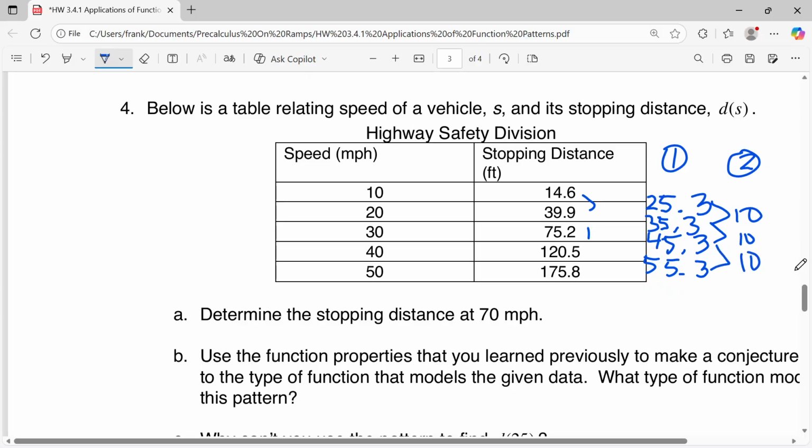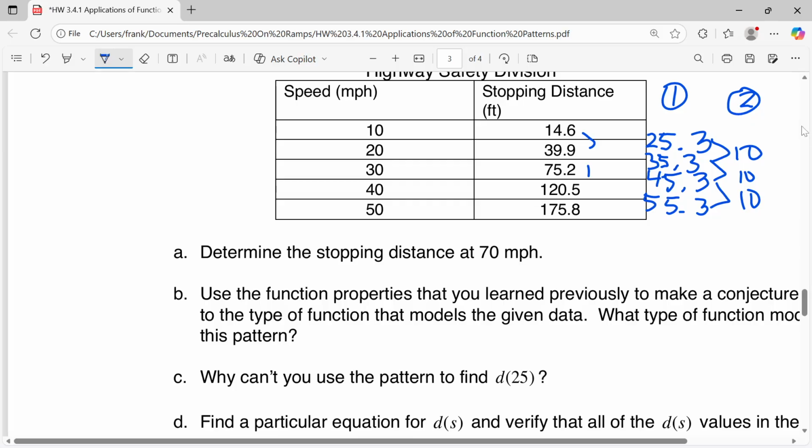Determining the stopping distance at 70. Well, between 50 and 60, it's going to be plus 65.3, so it's 175.8 plus 65.3. And then from 60 to 70, it's going to be plus 75.3 because the second difference is always 10. So I'll just add that one too.